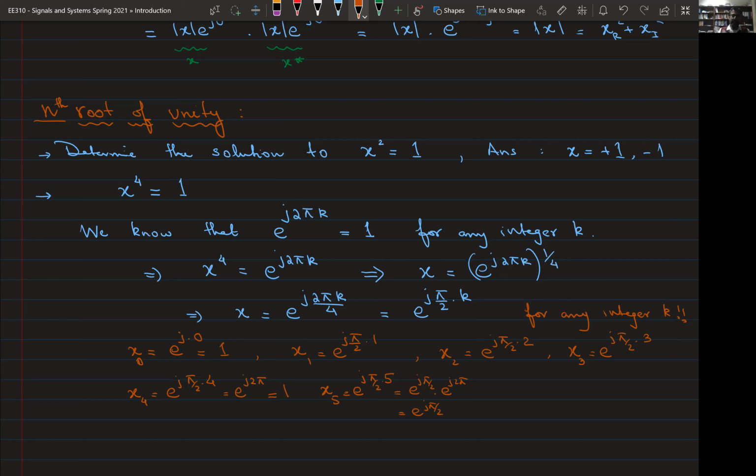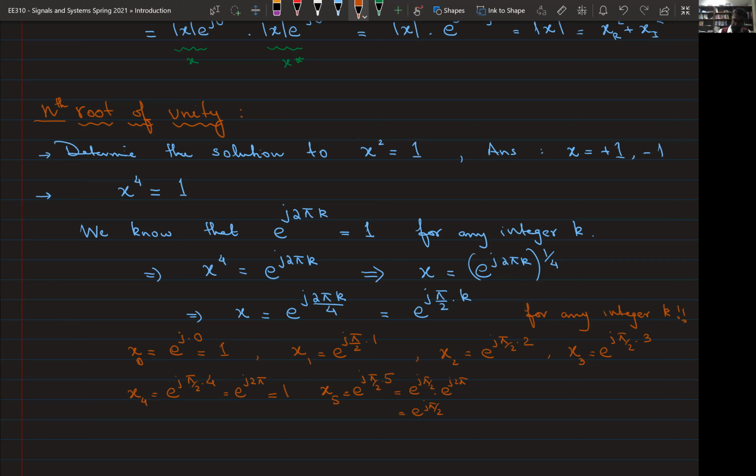So if I keep cycling through k from 4 onwards to 5, 6, 7, 8, and so on, I'll be getting the same results. The unique solutions are the first 4 that I gave you.